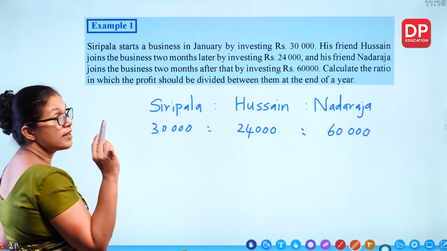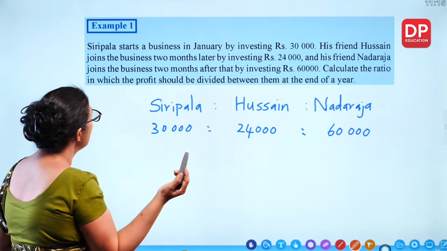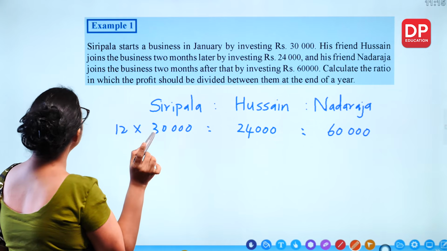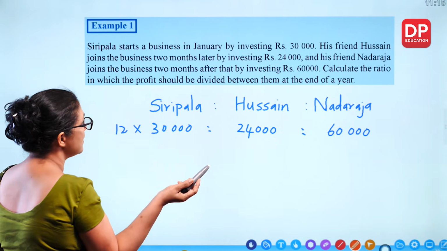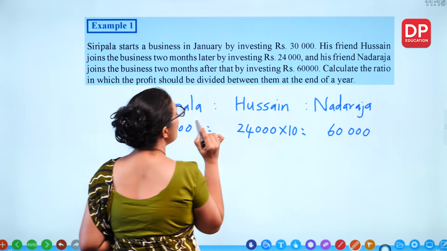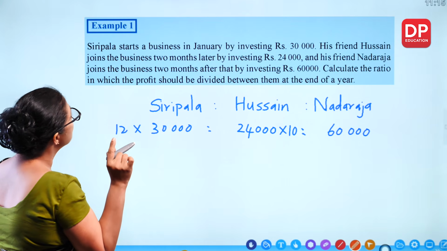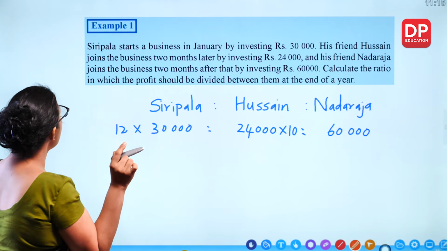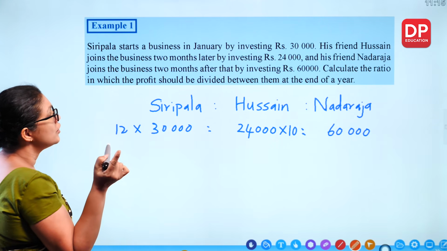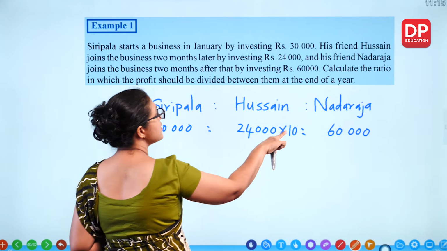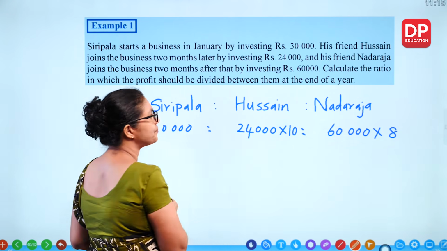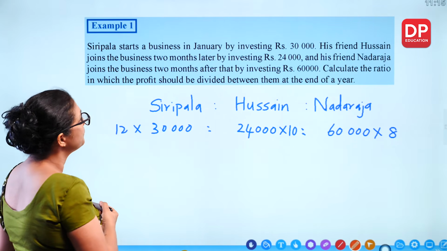January invested Siripala, so that means 12 months. His friend Hussein joins the business 2 months later. So 12 minus 2, that means 10 months for Hussein. Then his friend Nadaraja joins the business 2 months after that. So that means 2 months after Hussein. That's now 8 months.